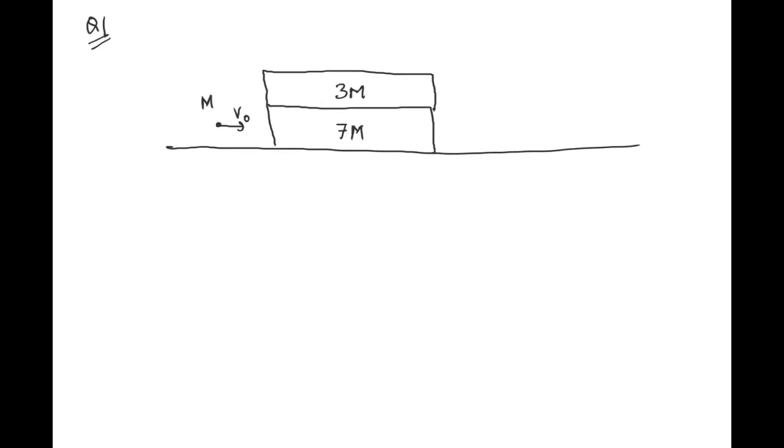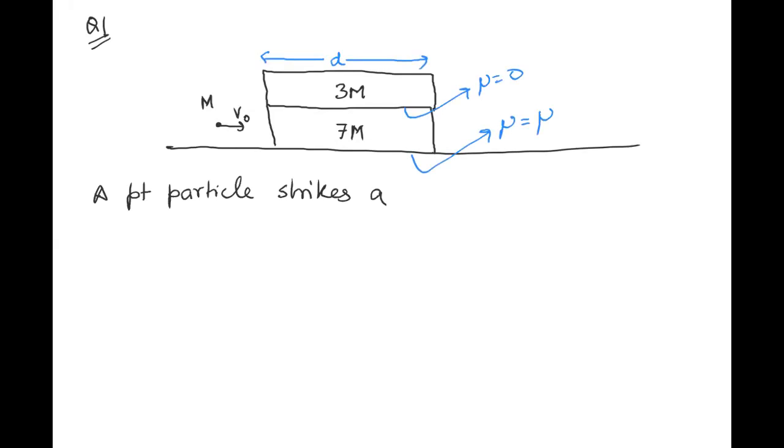So question number 1 is: a point particle strikes a block of mass 7m horizontally.